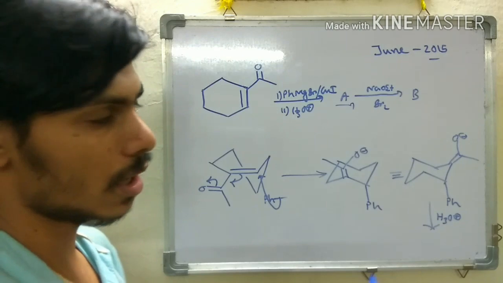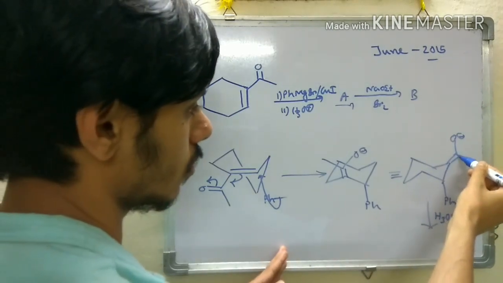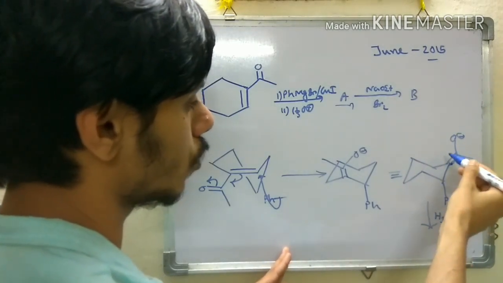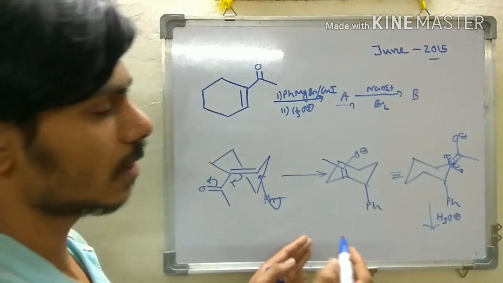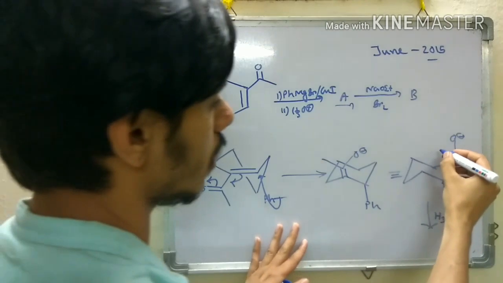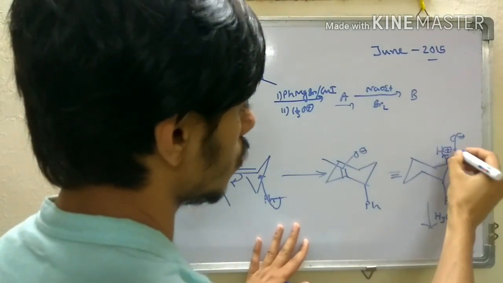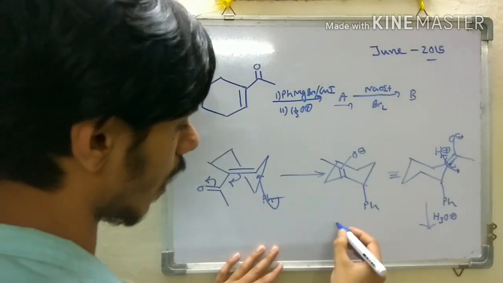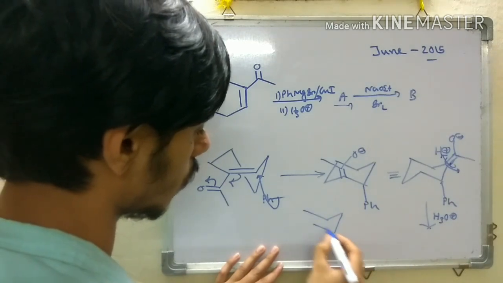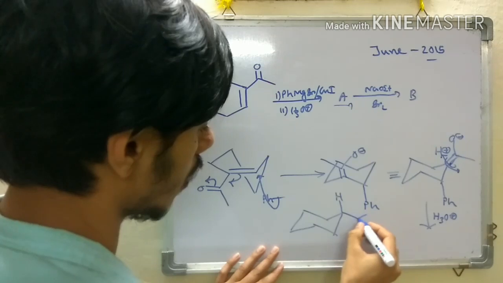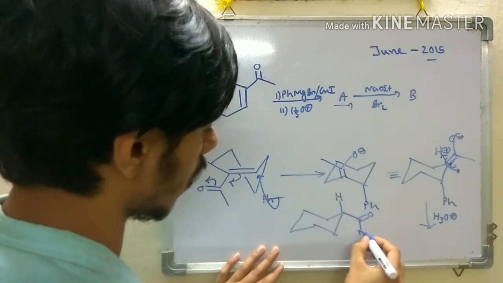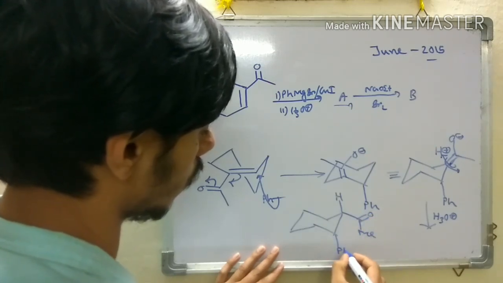And you know that in this type of system where you have two possibilities, one is axial attack and one is equatorial attack, the kinetically favored attack is axial attack, right? So from your kinetic attack you will get this product. So here you have hydrogen, and here you have COMe and phenyl group.